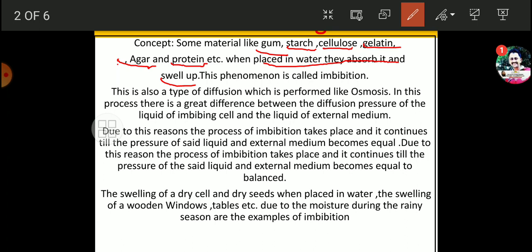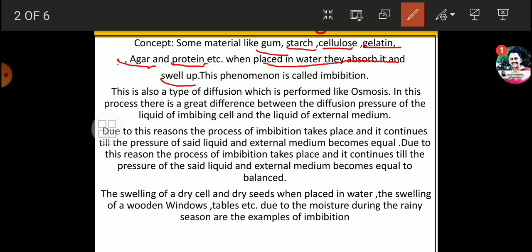Now friends, a very simple and common example that we experience is during the rainy season. We know that during the rainy season the moisture percentage in the atmosphere is very high as compared to the winter and summer seasons. So what happens in the rainy season?